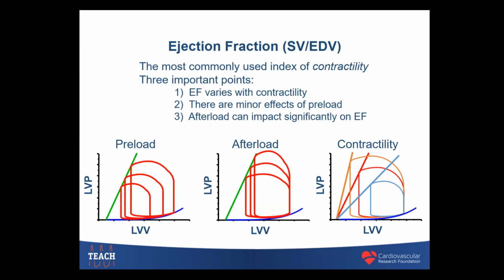But important to keep in mind is that ejection fraction is actually a relatively fluid measurement to some extent, which is, as we just saw, if you look at all these different stroke volumes relative to their end diastolic volume, depending how you vary afterload and contractility, and to some extent preload, you will end up with different ejection fractions in the exact same ventricle.